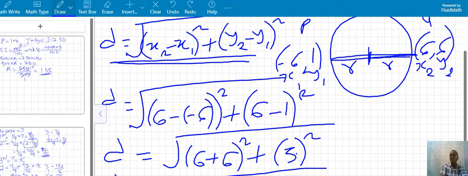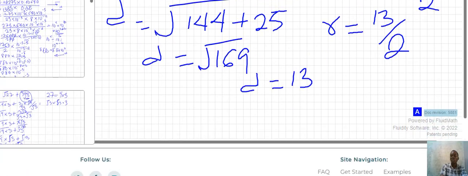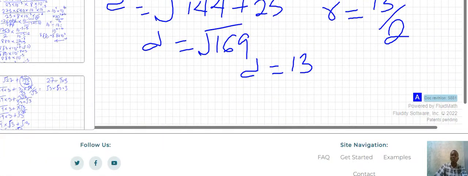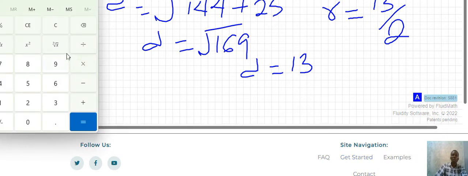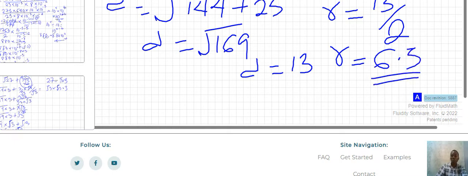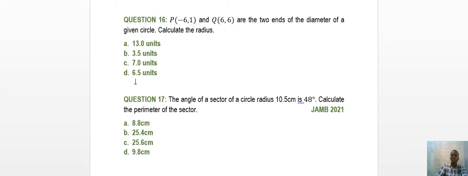So in a diameter, we have two radii. 13 divided by 2 will give us 6.5. So our R will be equal to 6.5, and that's the solution. Do we have 6.5 in the options? Yes, the answer is option D. So you see, we are going gradually.